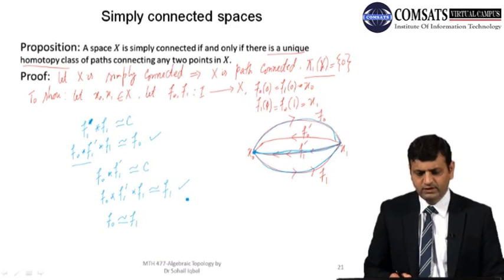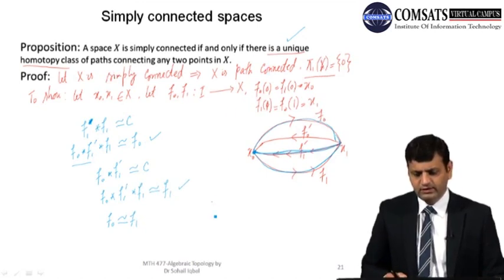So any two paths connecting any two points in space X are homotopic. Now if there is a unique homotopy class of paths connecting any two points in X, then of course it is simply connected, because instead of taking two points, x0 and x1, I can just take loops.